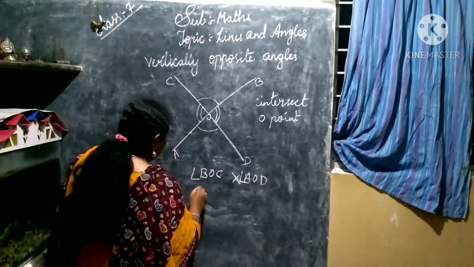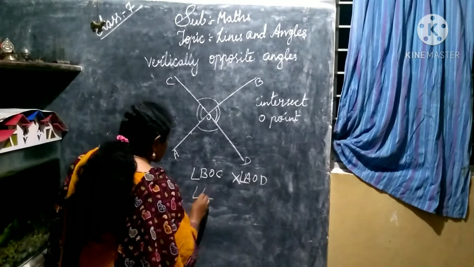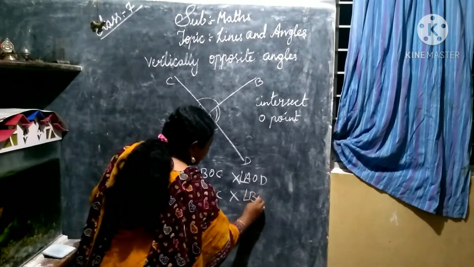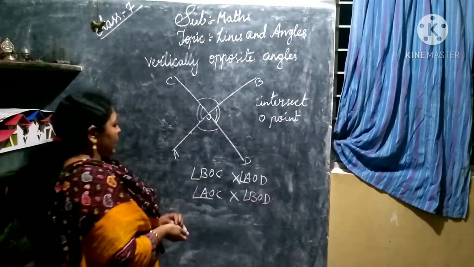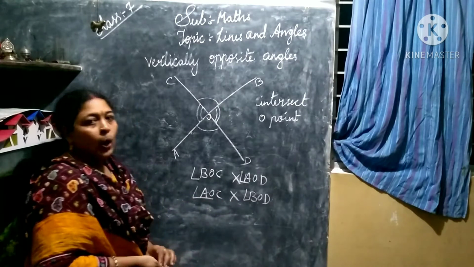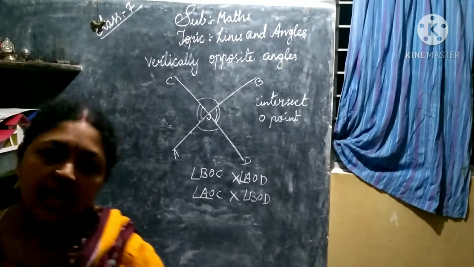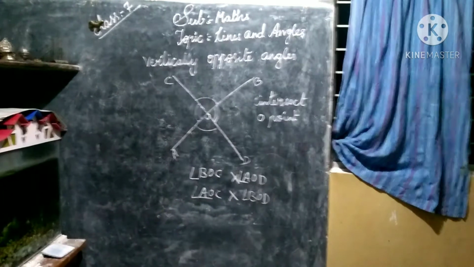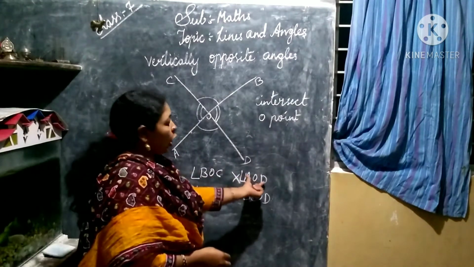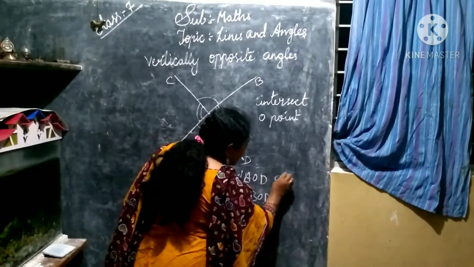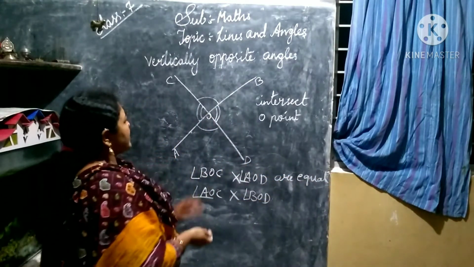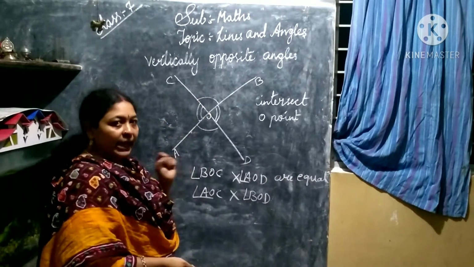And similarly, angle AOC and angle BOD are vertically opposite angles. Vertically opposite angles are always equal.